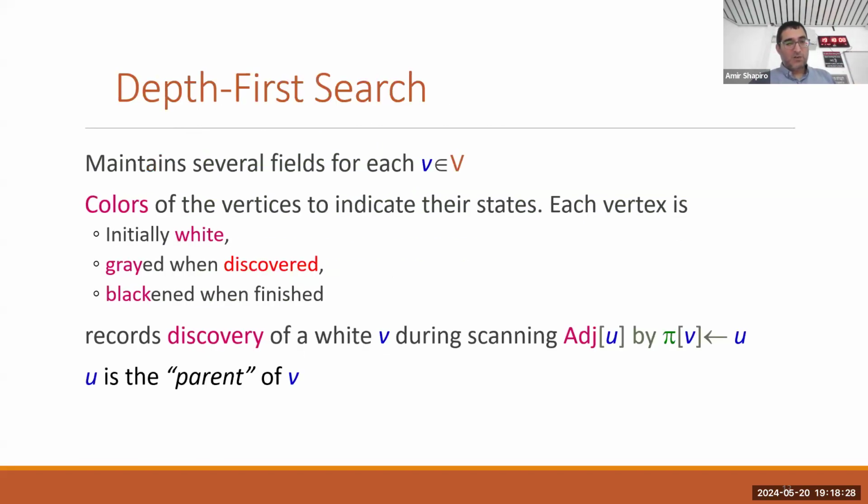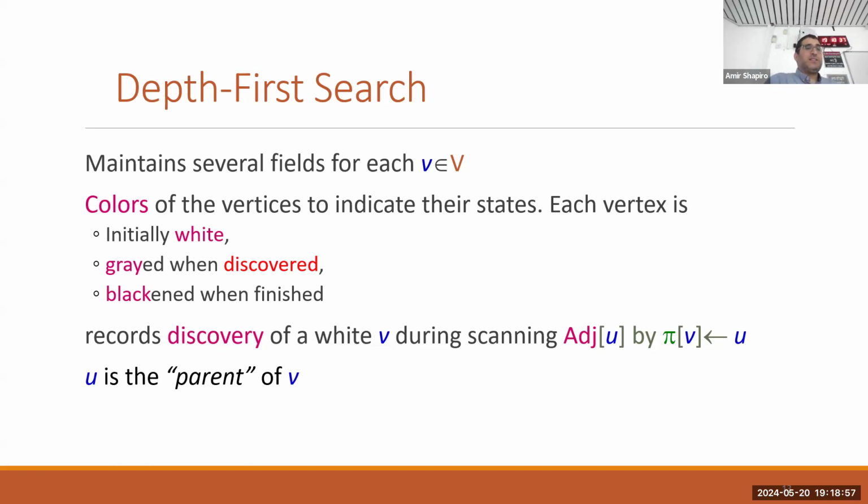And let's see how it works. Also, we use some colors just as a database. So we color the vertices to indicate their state. When we change state, we change their color.